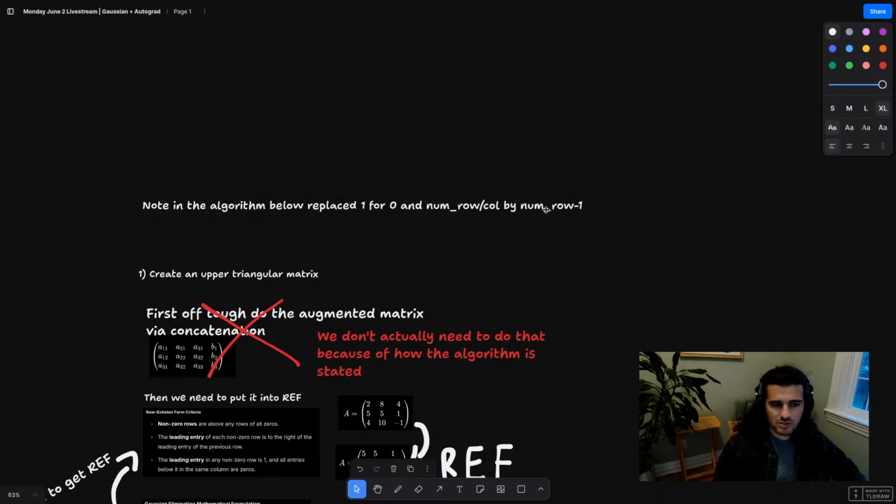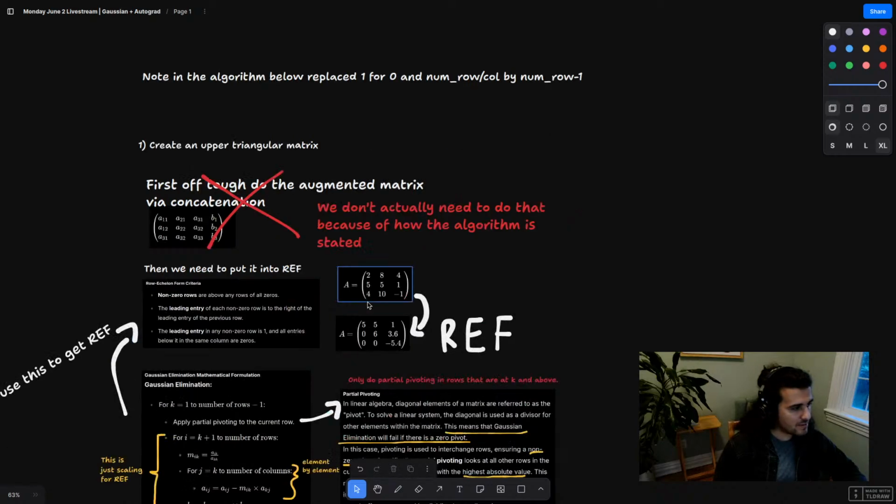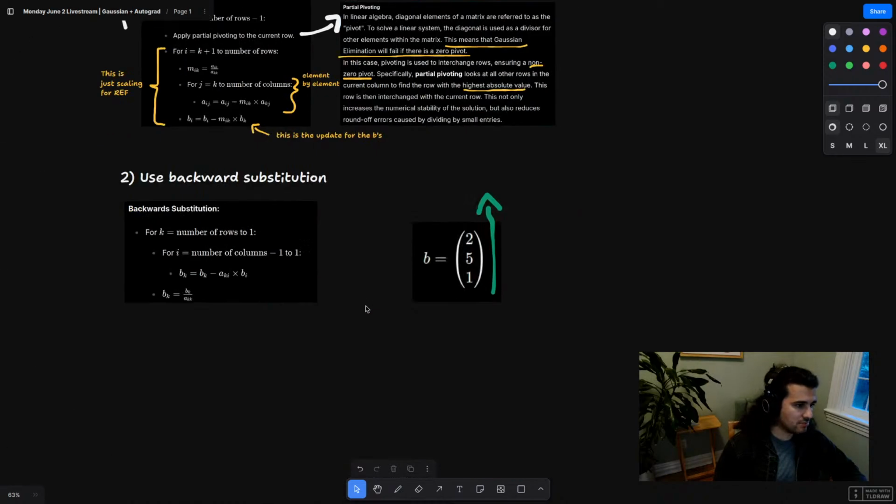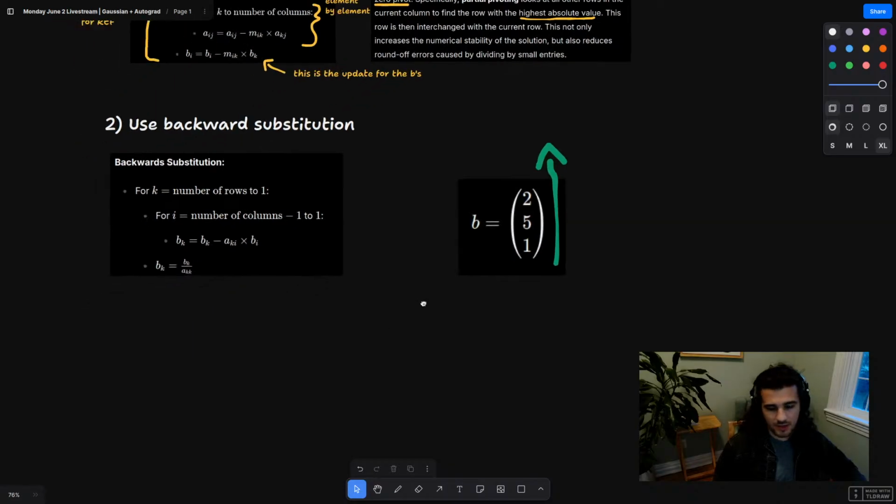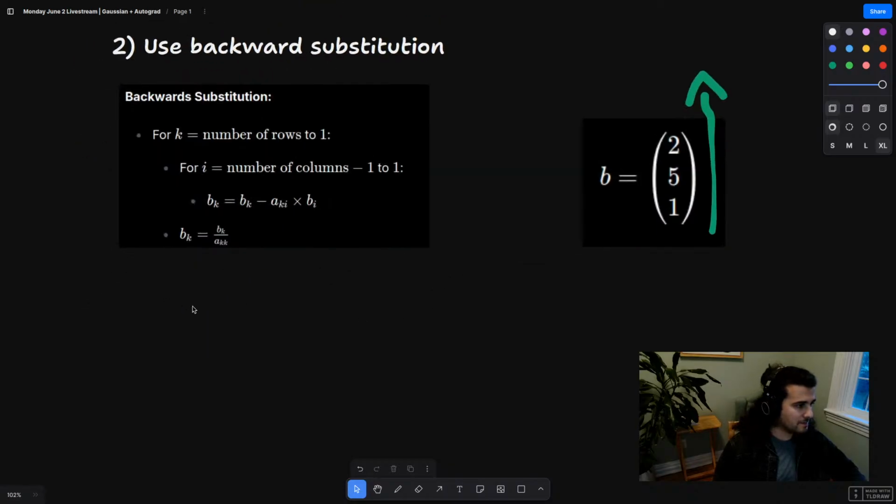Have you ever used a programming language that starts at 1, like MATLAB, which has an index of 1? These are usually absolutely garbage programming languages. I hated that thing. Okay, so for k from number of rows to 1, so we go backward, for i from number of columns minus 1 to 1.